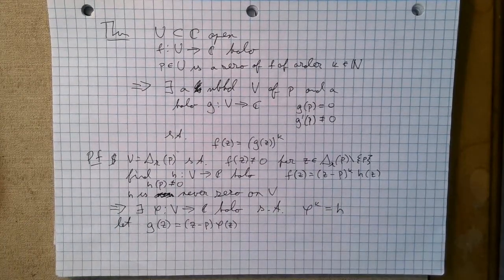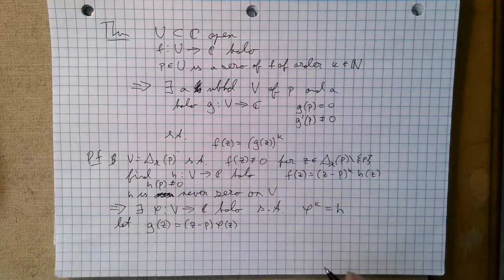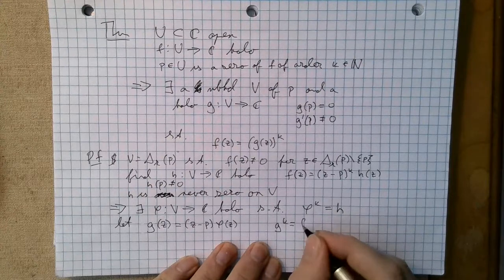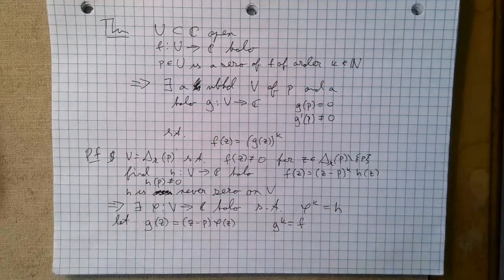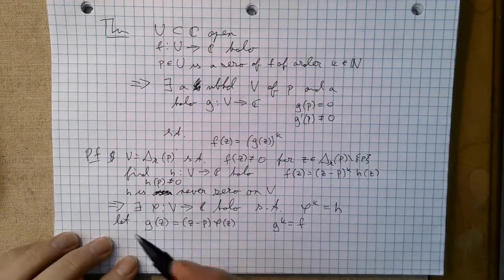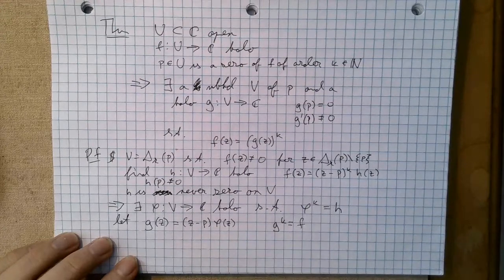Now, clearly, g to the k is f, right? That's clear. That's the way we defined it, and we also can show the derivative.